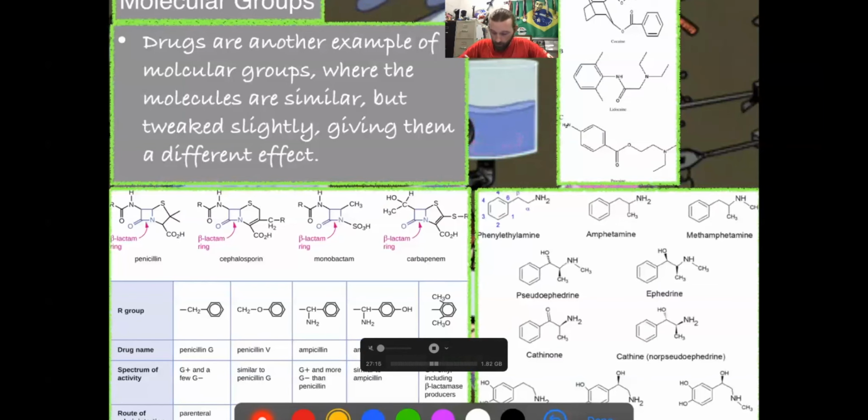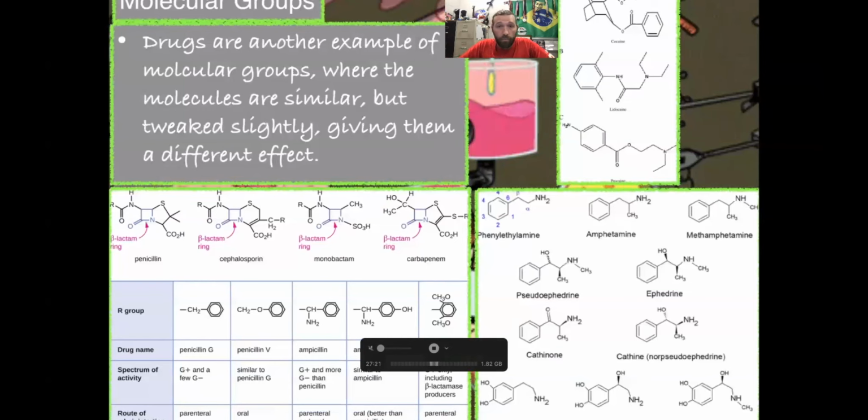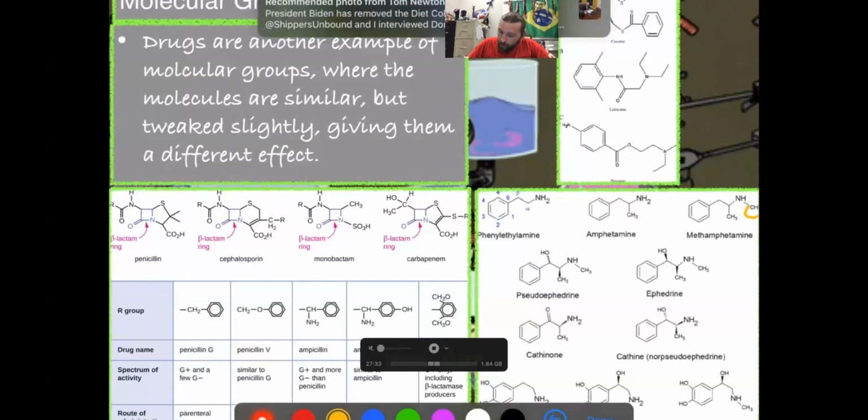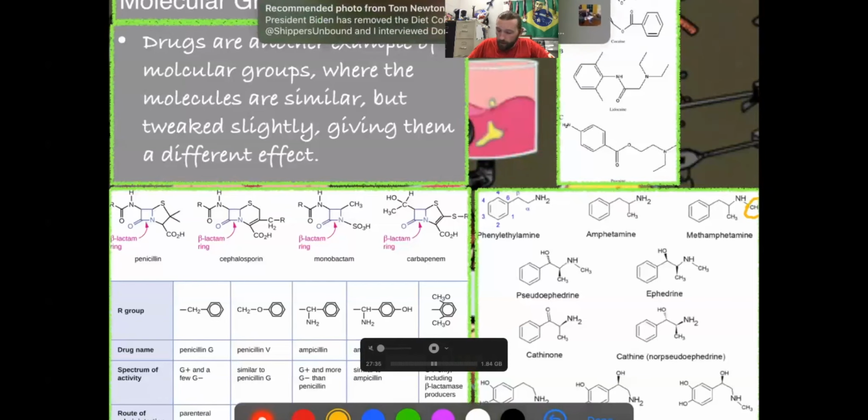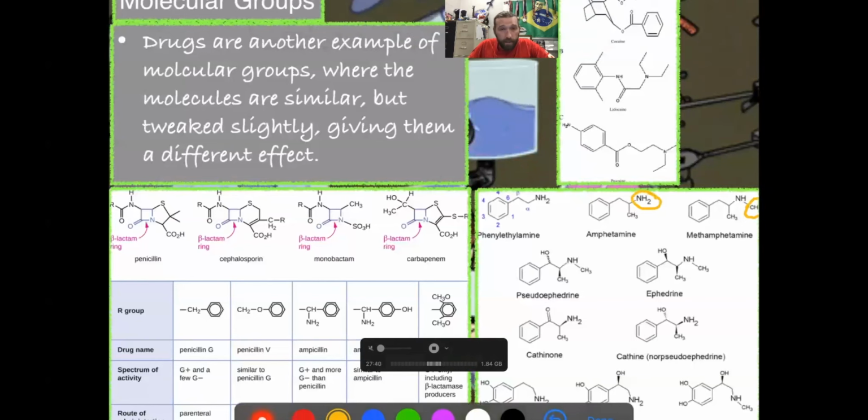Well, if you actually look at the chemistry of amphetamines, methamphetamine is exactly like amphetamine. The difference is that the methamphetamine has a methane group at the very end of it, and regular amphetamine doesn't. It has an NH2 at the end of it. So very, very similar drugs, but different effects on the body, different chemical structures just slightly.